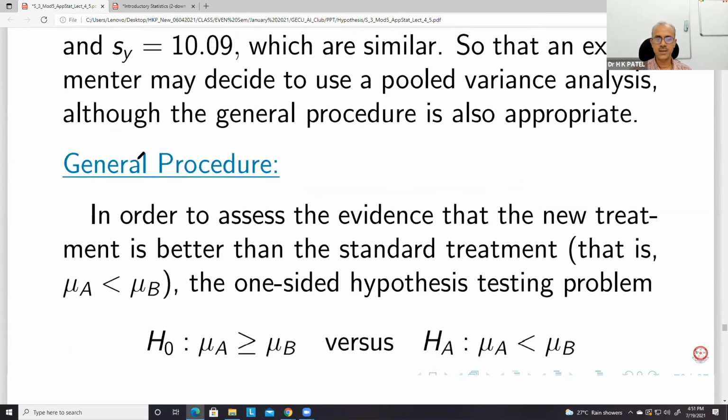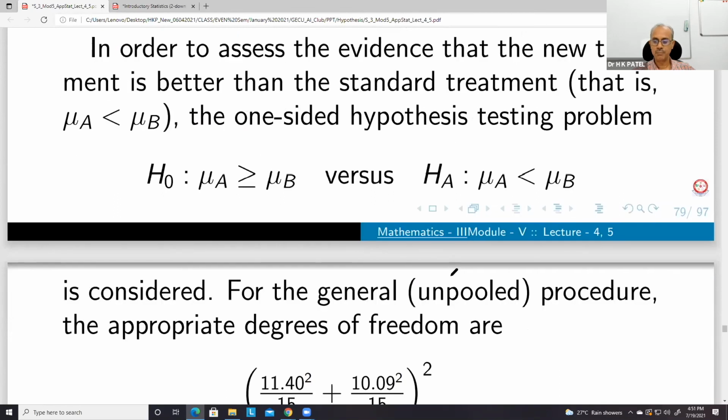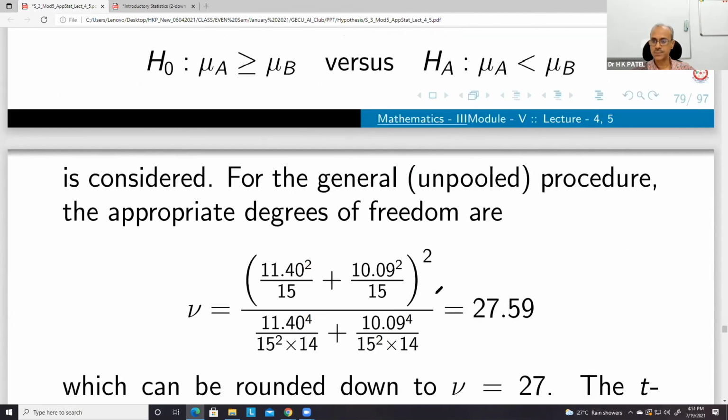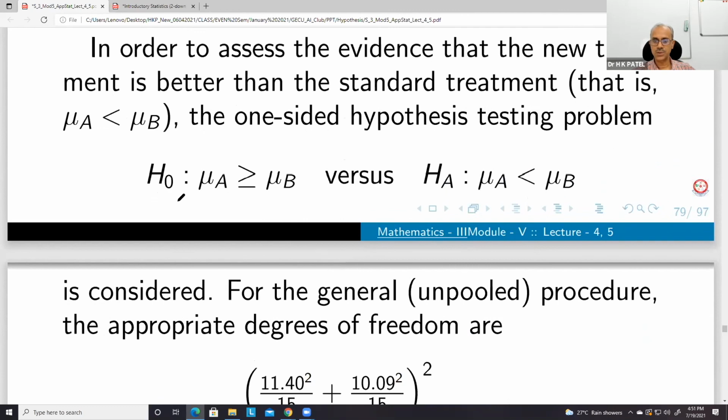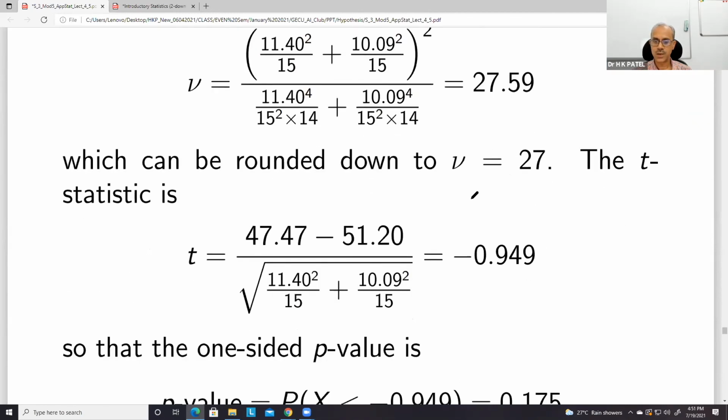If we apply the general procedure, the degree of freedom is given by this formula. This is our hypothesis: mu A greater than or equal to mu B, and mu A less than mu B. The degree of freedom is 27.